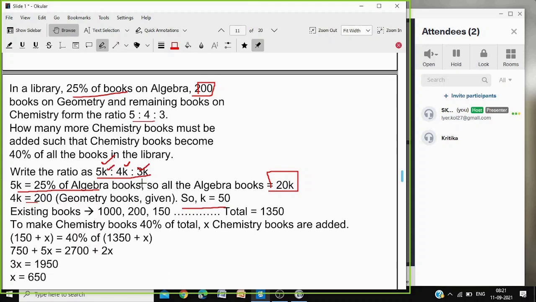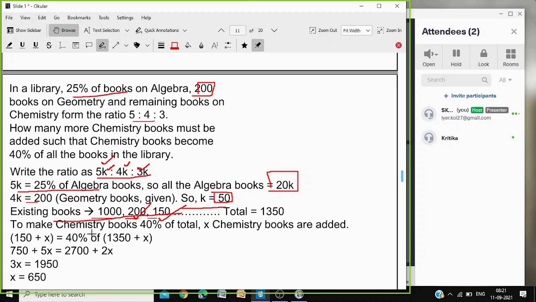So the algebra books should be 20k, so 20k into 50, it is 1000. 4k is given as 200, and 3k means 50 into 3, 150. So this is the existing ratio: 1000 books, 200 books, 150 books.